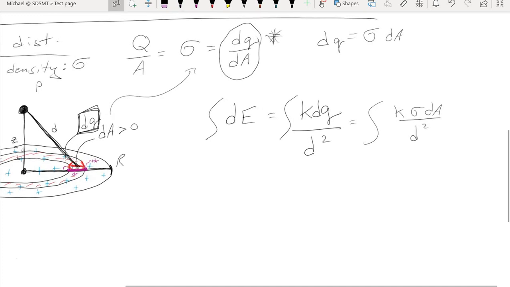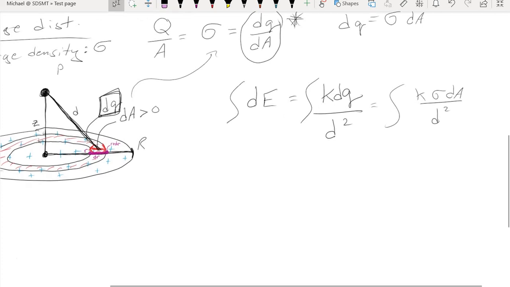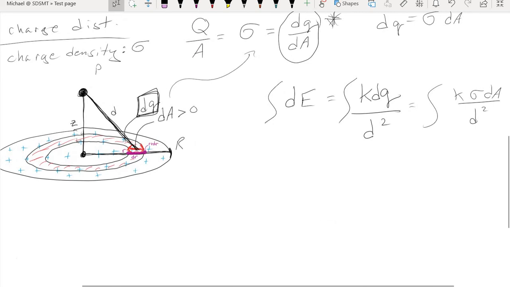And so now it looks like we're going to have to integrate with respect to the surface area, which should make sense because eventually we're going to have to add up the contribution of all the charges that are on the surface of this disk. Except what is the surface of this disk dependent on? Well, it's dependent on the radius.